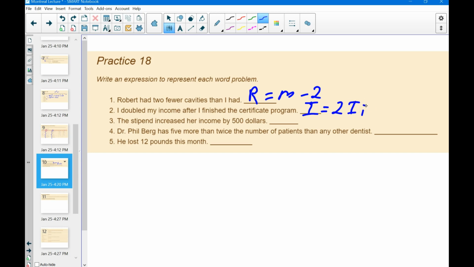The stipend increased her income by $500, so basically it's going to be income equals the initial income I plus 500, and he lost 12 pounds this month. It's going to be x minus 12, and so on.